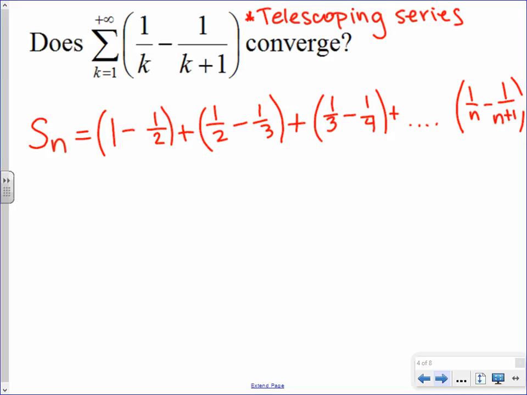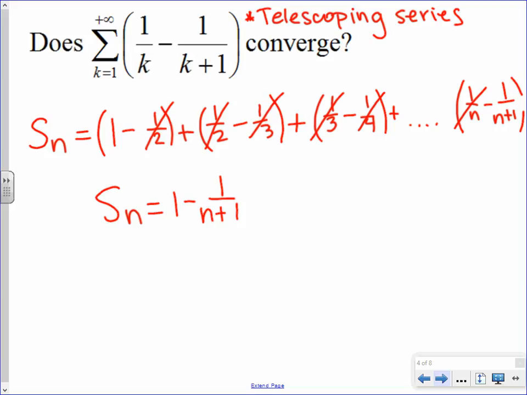So then what happens? The second part of the first term is canceling out with the first number of the second term. And the second number of the second term is canceling with the first of the third term, etc. And that's going to keep happening until we get to here, where basically we are left for our partial sum with the very first number of the first term and the second number of our last term.